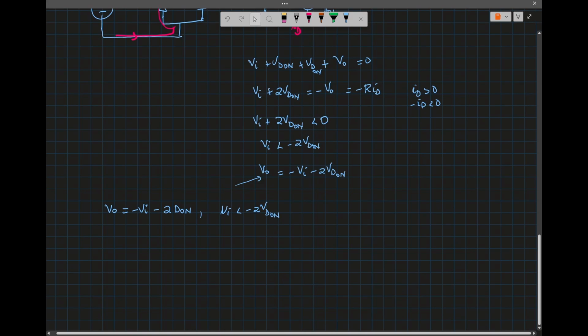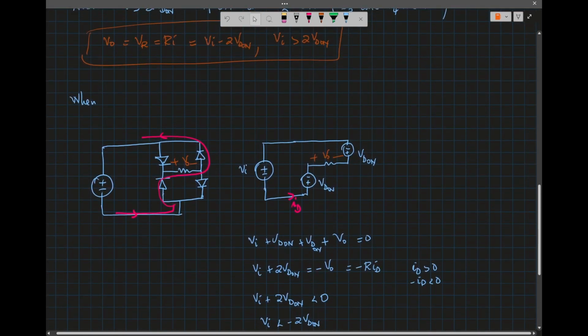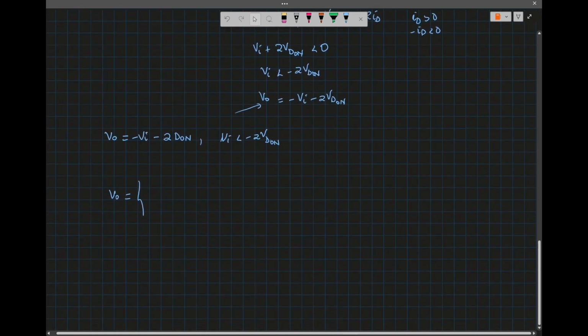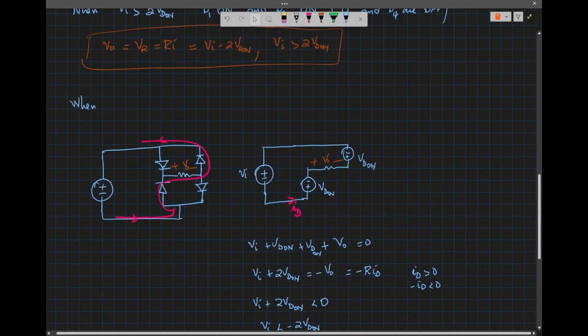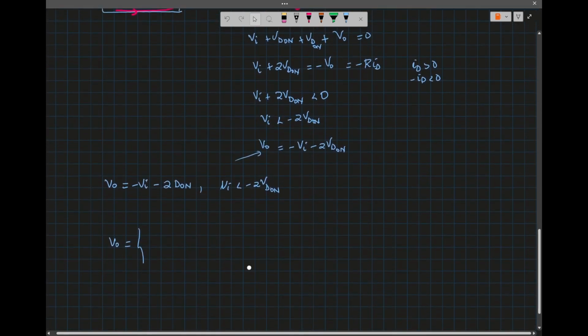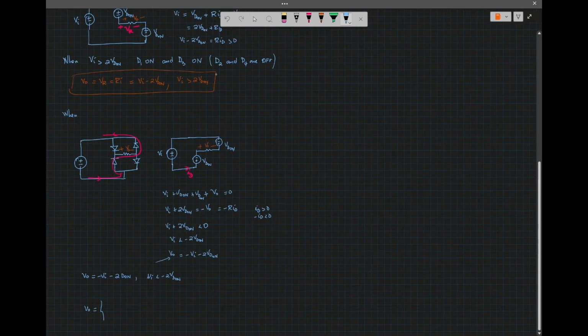So now let's put it together. So we have V0 equal to the first one is VI minus 2 VD on when VI is bigger than 2 VD on. Let me copy this down.